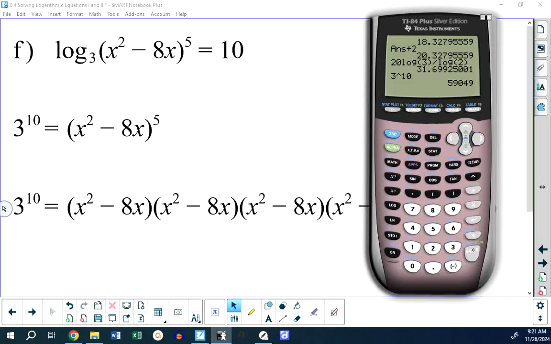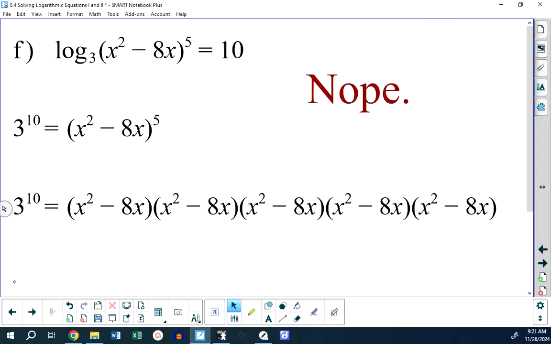And there's no guarantee that it's factorable into 10 factors. Okay? So, no, we don't want to do that.